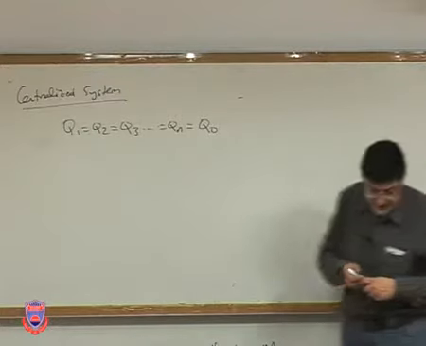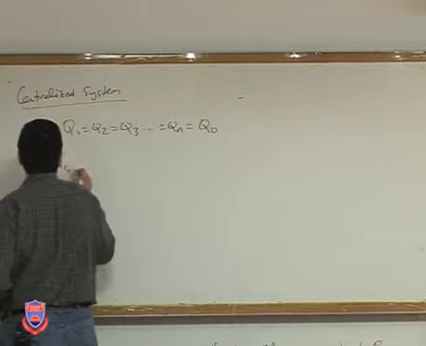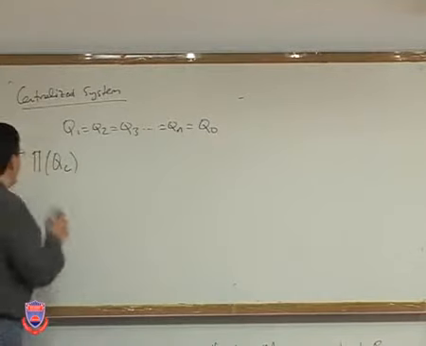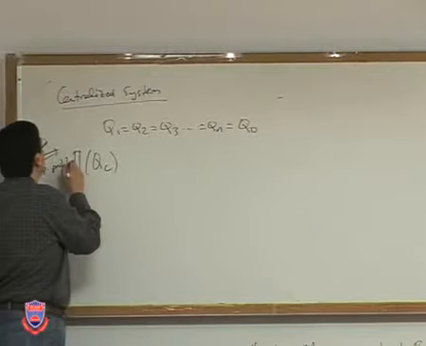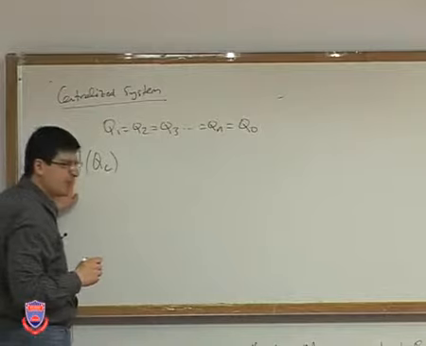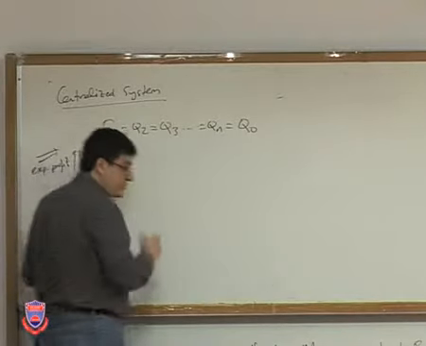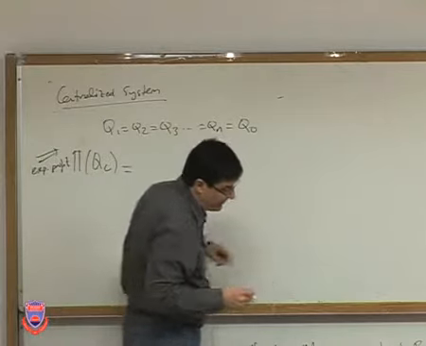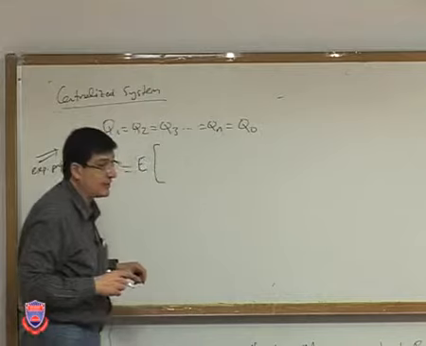So given this, the pi of Q centralized, so this pi is the expected profit of the centralized system, because it is Q sub C. So this pi is an expected profit function. So this is going to be equal to the expectation of the following quantity.